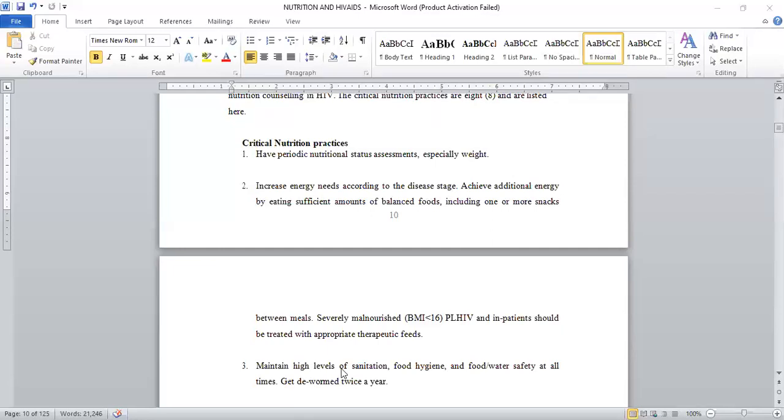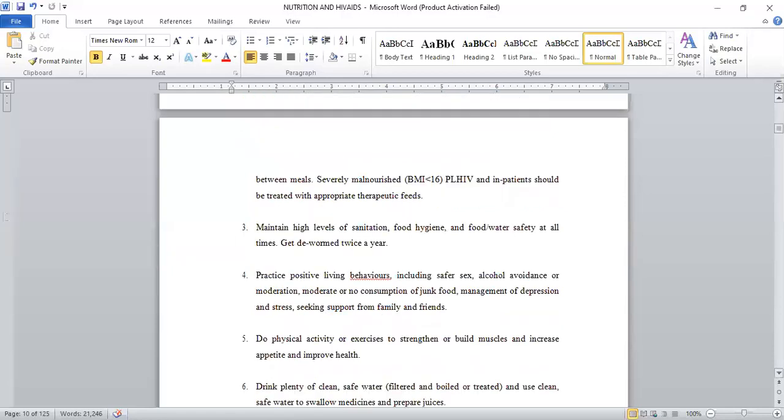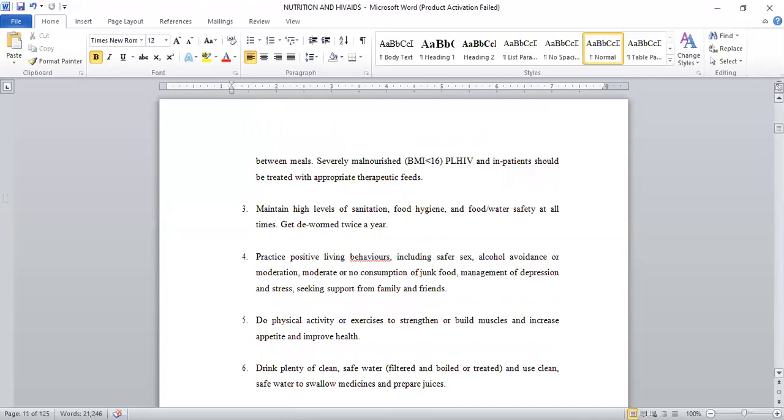Then point number 3: maintain a high level of sanitation, food hygiene, and food and water safety at all times. Get dewormed twice a year. In this case, you are trying to minimize any chance that this person may have food hygiene issues, whereby they may suffer from waterborne diseases.